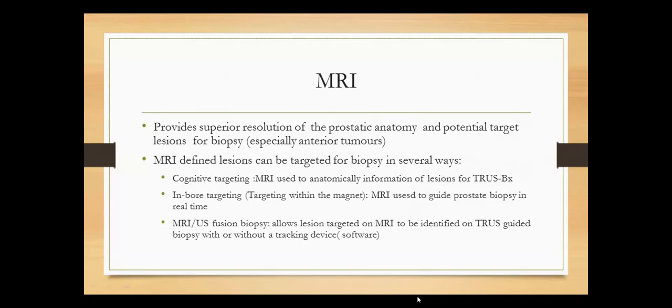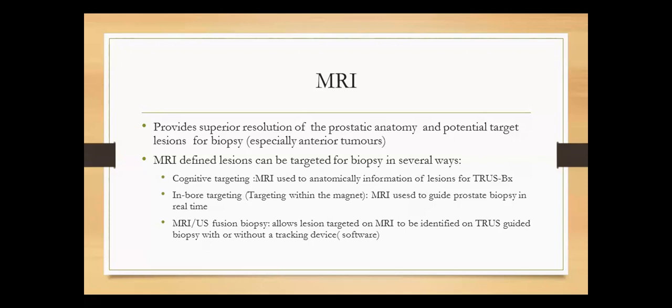So we have cognitive targeting, whereby the MRI is used to give us anatomical information regarding the lesion, and then we do a transrectal biopsy to get to the lesion. And then we have in-bore, whereby it's targeting within the magnet. The MRI is used to guide the prostate biopsy in real time through the magnet.